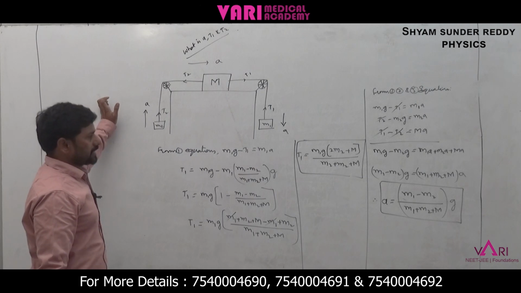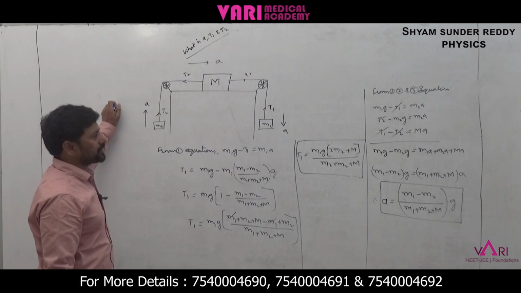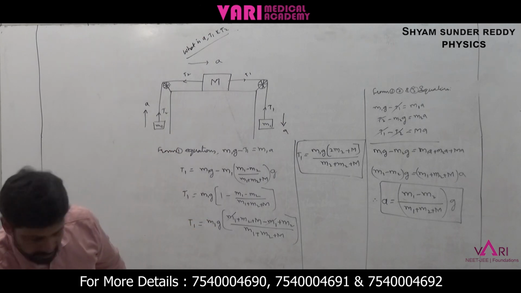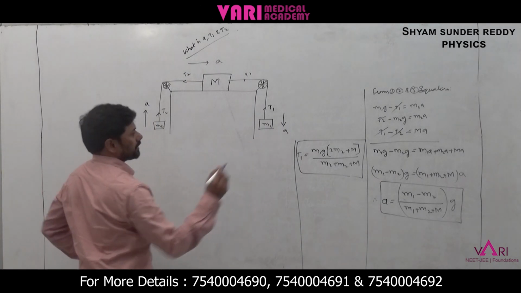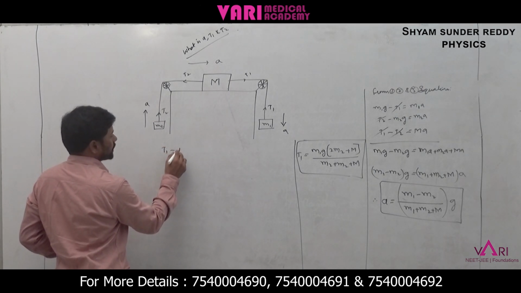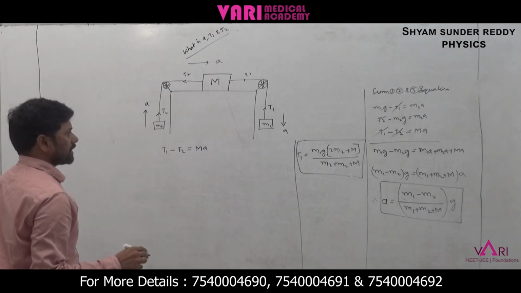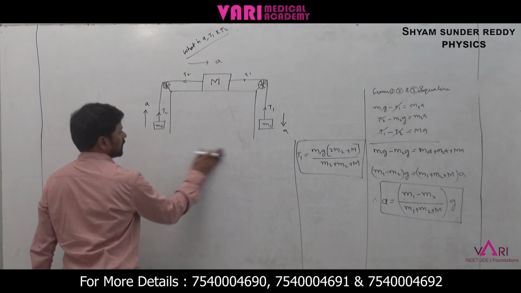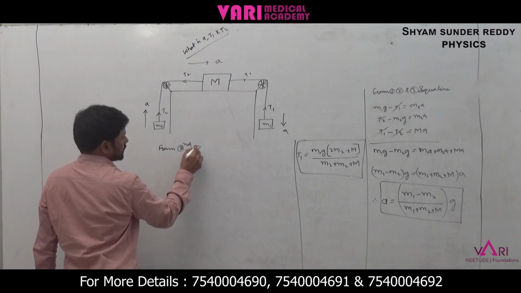Note this. Next, tension T2. We want to find the tension T2. From the third equation it is easy, T1 minus T2 is equal to MA. Otherwise, the second equation is very easy: T2 is equal to m2g plus m2a from the second equation.